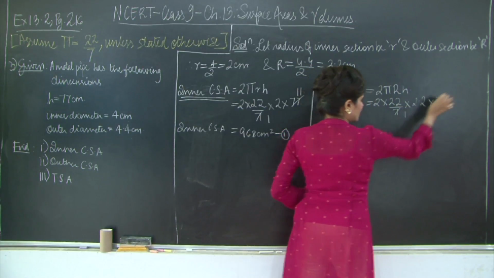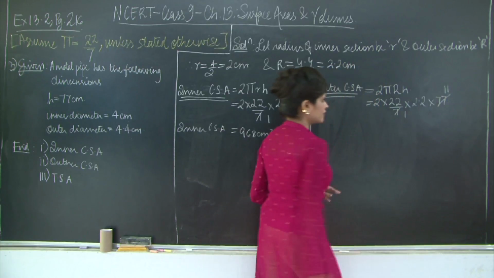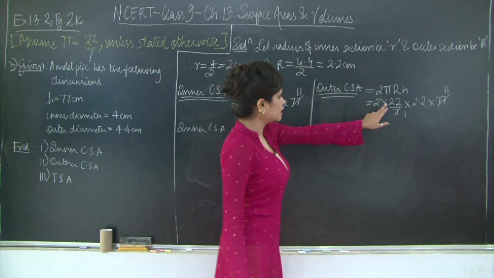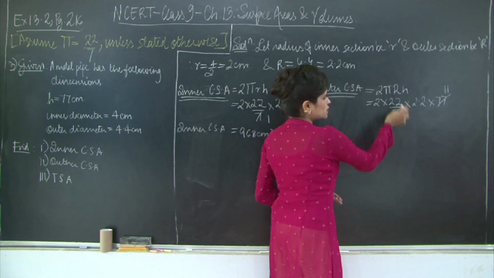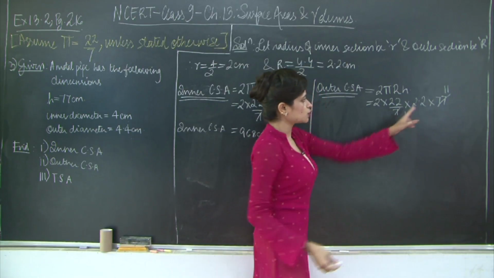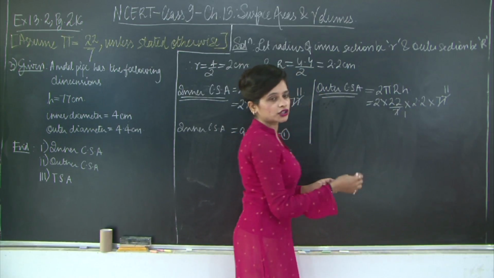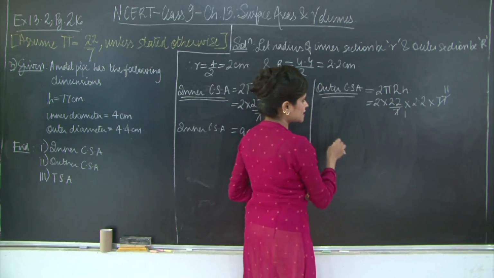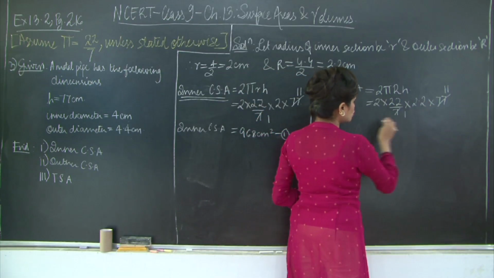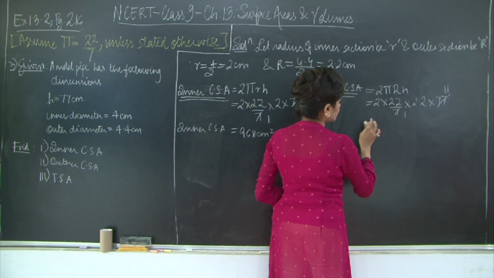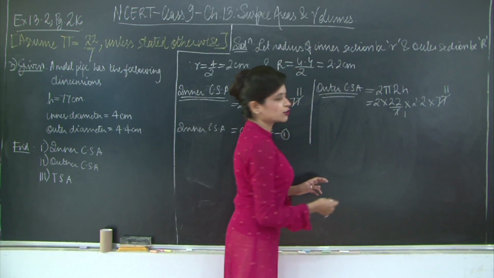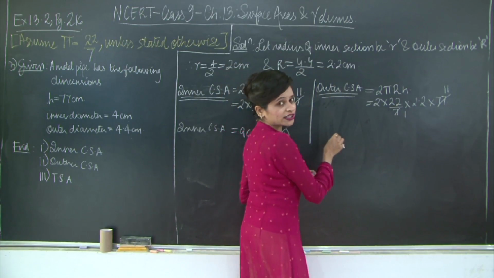So again I have 7 ones are 7, 7 11s are 77. So again this is going to be 22 2s are 44, 44 into 2.2 into 11. Let's do this one at a time. So instead of 2.2, let's just find 22 into 22 and then multiply it by 22.